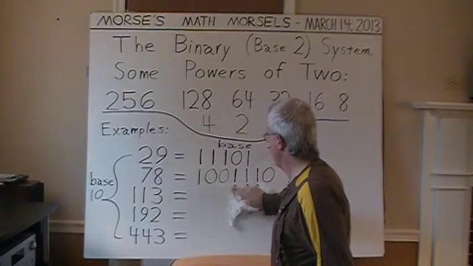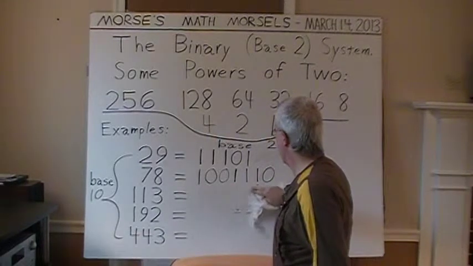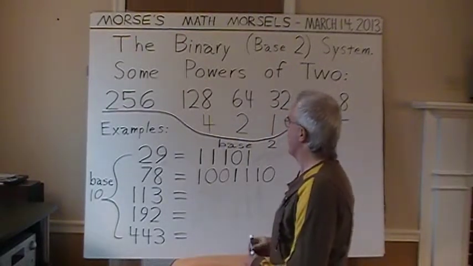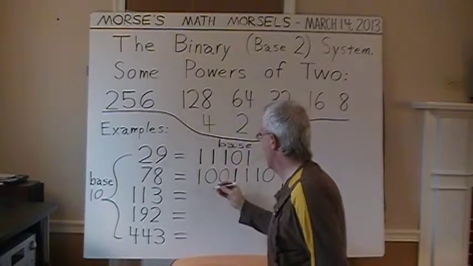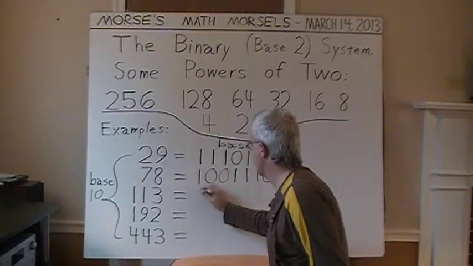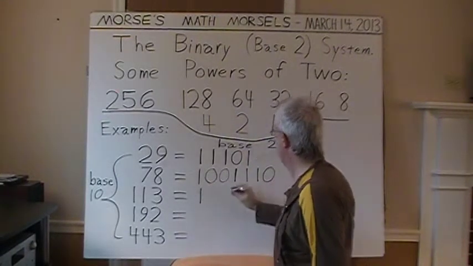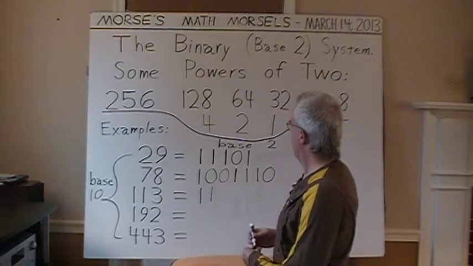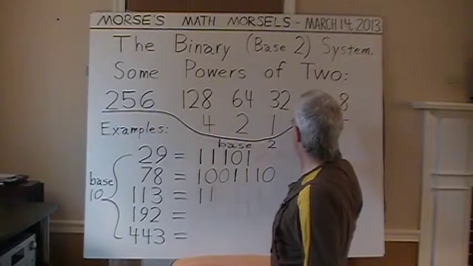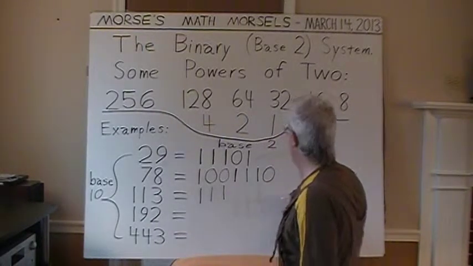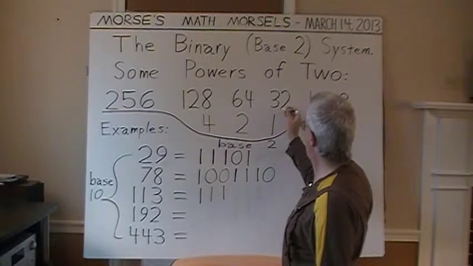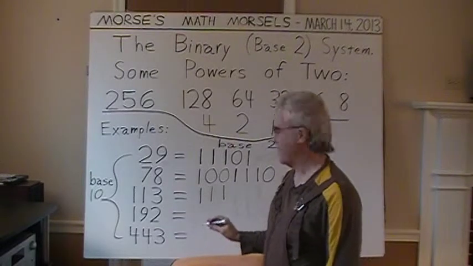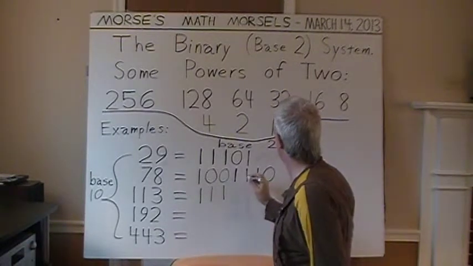Continuing in like fashion for the remaining 3 number examples. 113: can't use 128, gotta go down to 64. That leaves 49 left over. Go with 32. We have 96 so far, we have 17 to go. Well, so far we have a 64, a 32, and a 16 that equals 112, so we just need a single 1.